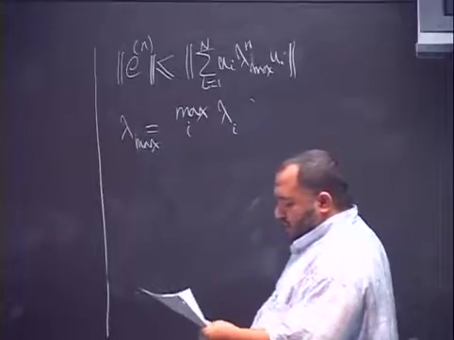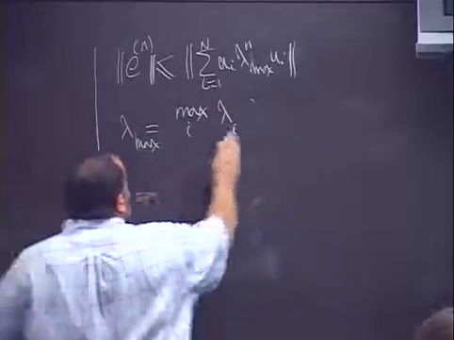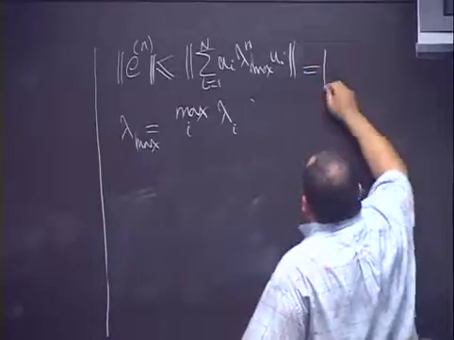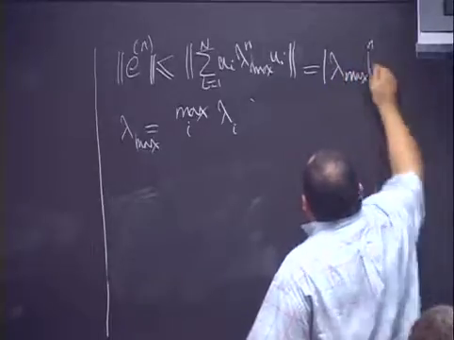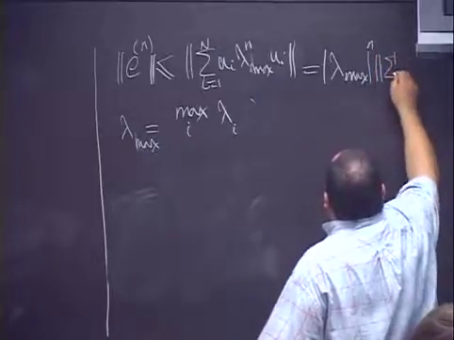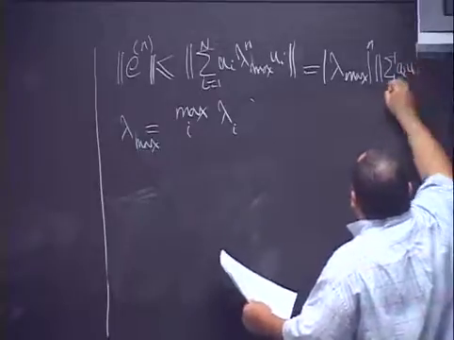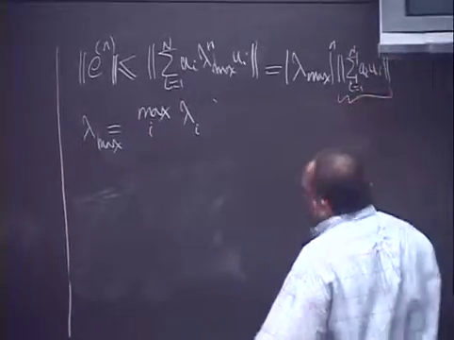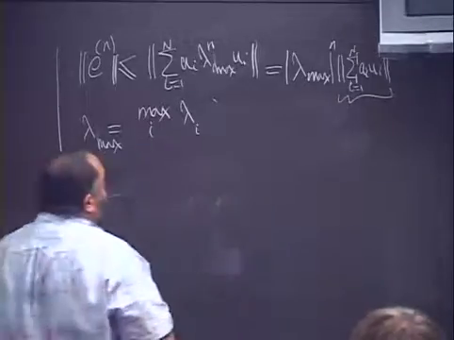Now this part here, I can replace it by the amplitude of lambda maximum to the power of n multiplied by the amplitude of the sum of a_i u_i from i equals 1 to n. What's this? Look up over there: E0.